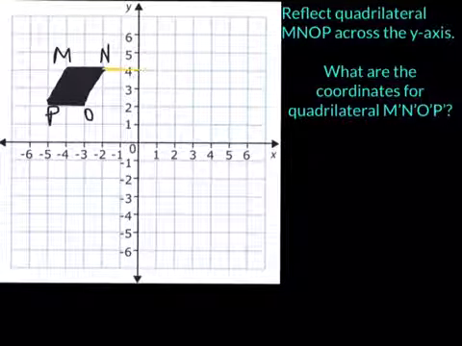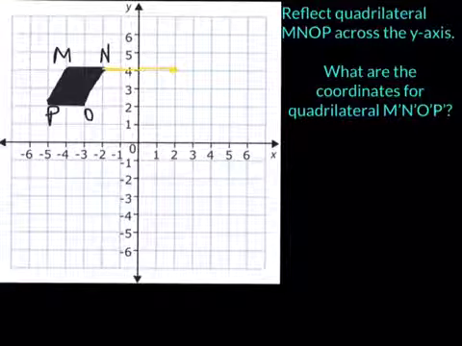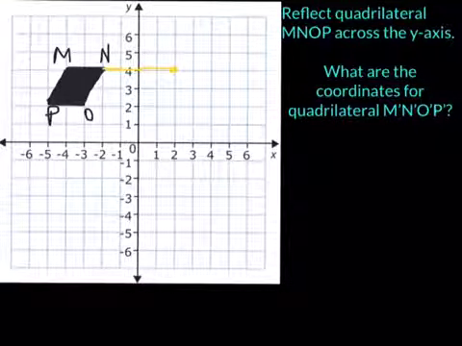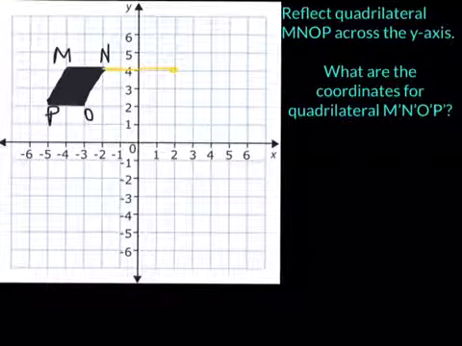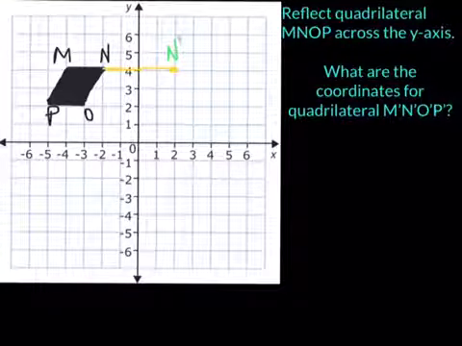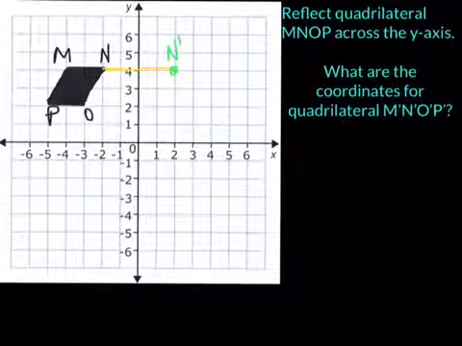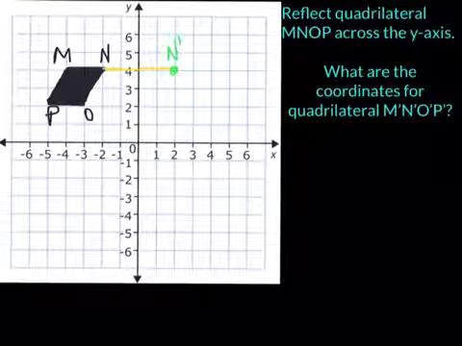So I'm going to go 1, 2 over here. Okay, and that's going to give me my new N. So we're going to call that, use a different color, N prime. Okay, there's my new spot. Well, I have to do the same thing for M, and I'm going to actually draw it just a little bit above so you can see it.